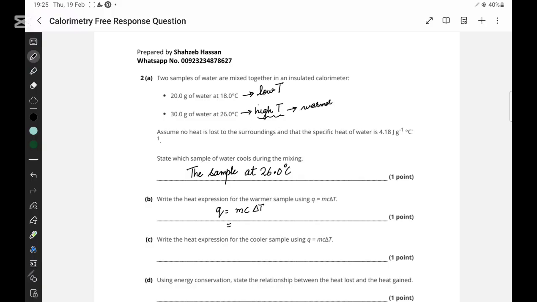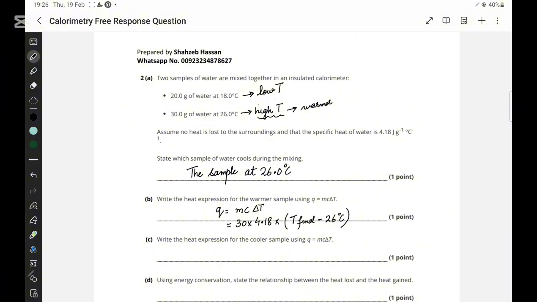We can write this expression as Q is equal to m, the mass, which is 30 gram, times C, the specific heat capacity of water, which is 4.18, times delta T, which is T final minus initial, which is 26 degrees Celsius. So this is the expression we are going to write out here.